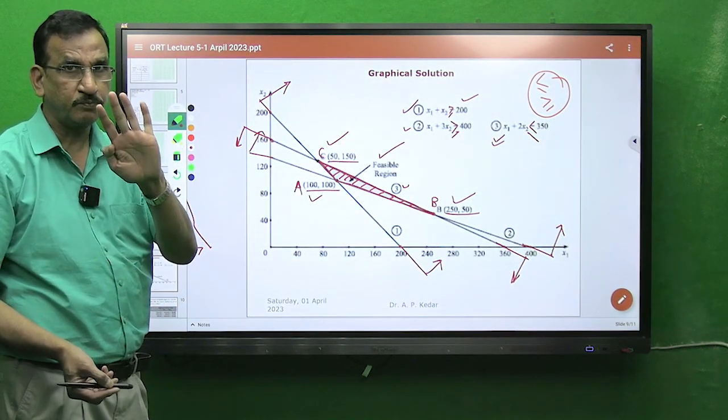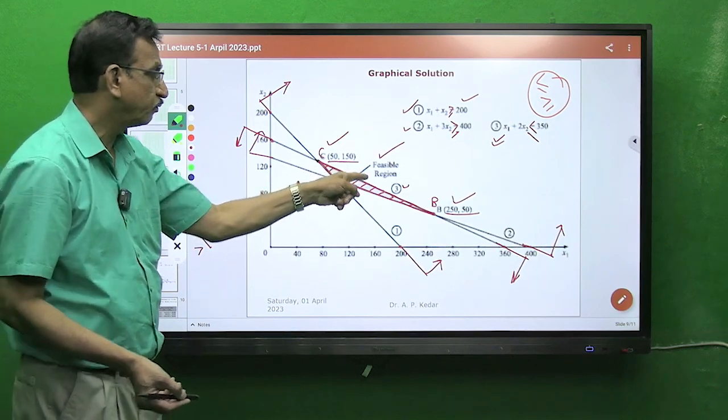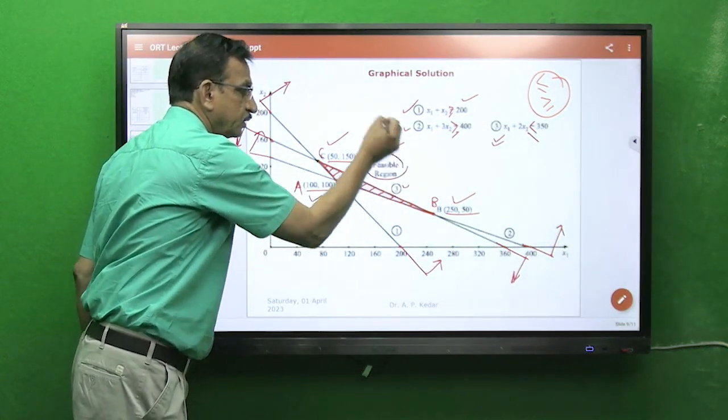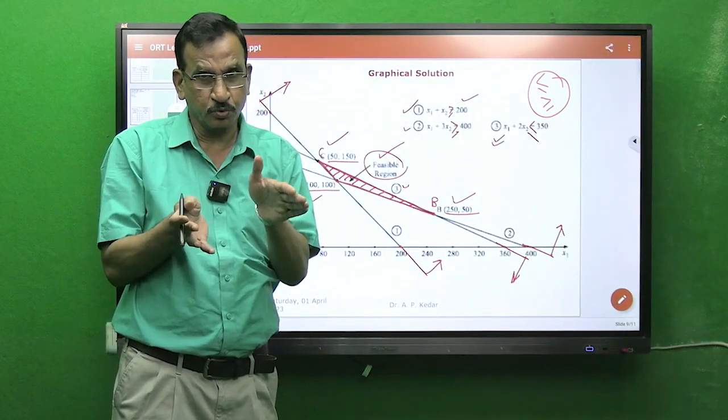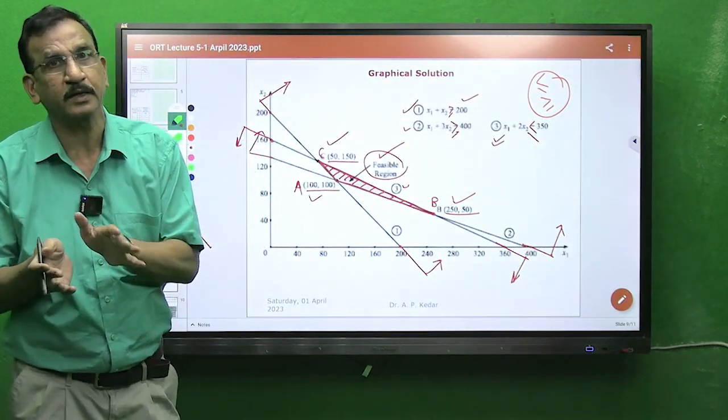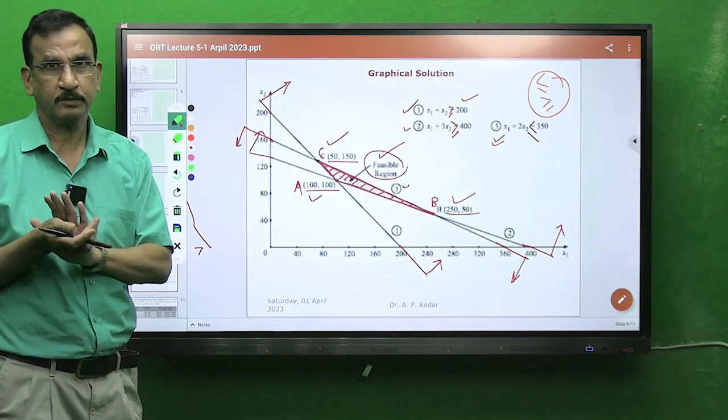So these are the three feasible corner points for this feasible region, where the area is entrapped by these constraints, less than or equal to and greater than or equal to. Clear?